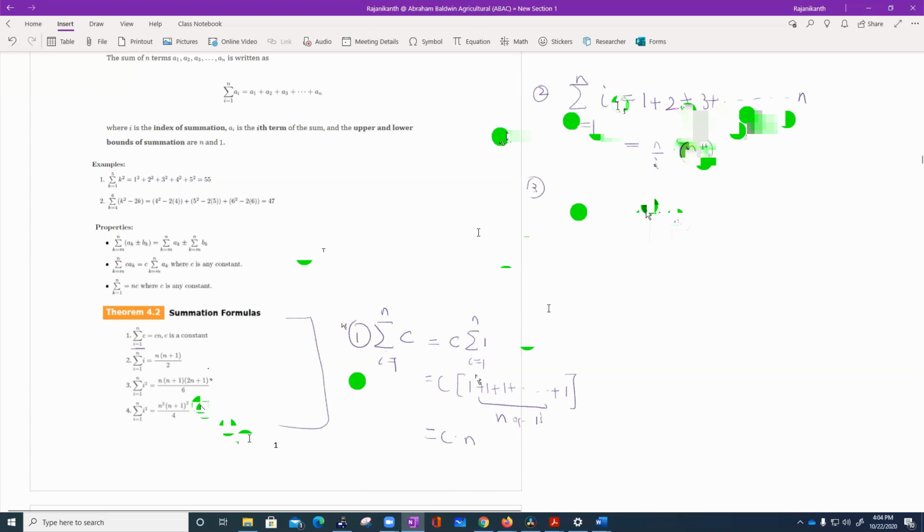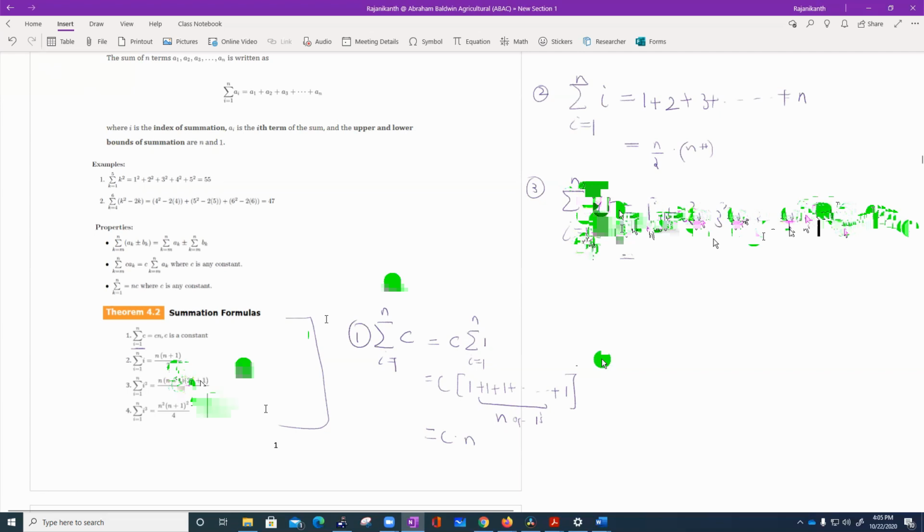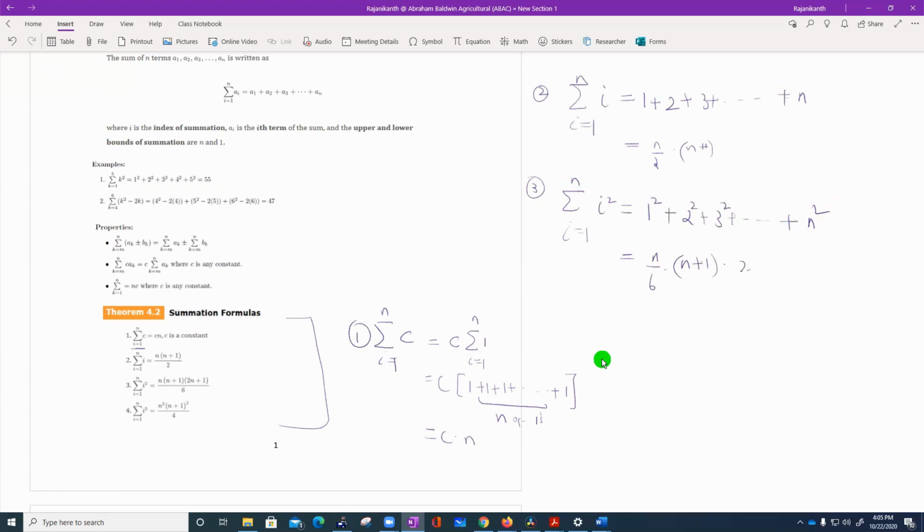The third formula says that if you want to add i from 1 to n of i squared, that means what? If i is 1, you will get 1 squared, plus if i is 2, you will get 2 squared, 3 squared, and so on. The last term, when you plug in n, you will get n squared. The formula says that if you add these from 1 squared all the way to n squared, it is n over 6 times n plus 1 times 2n plus 1, right?